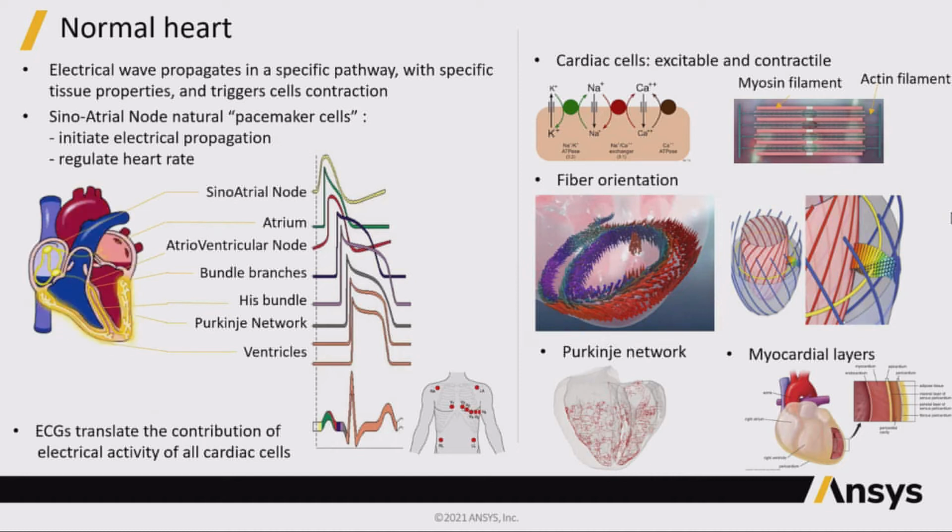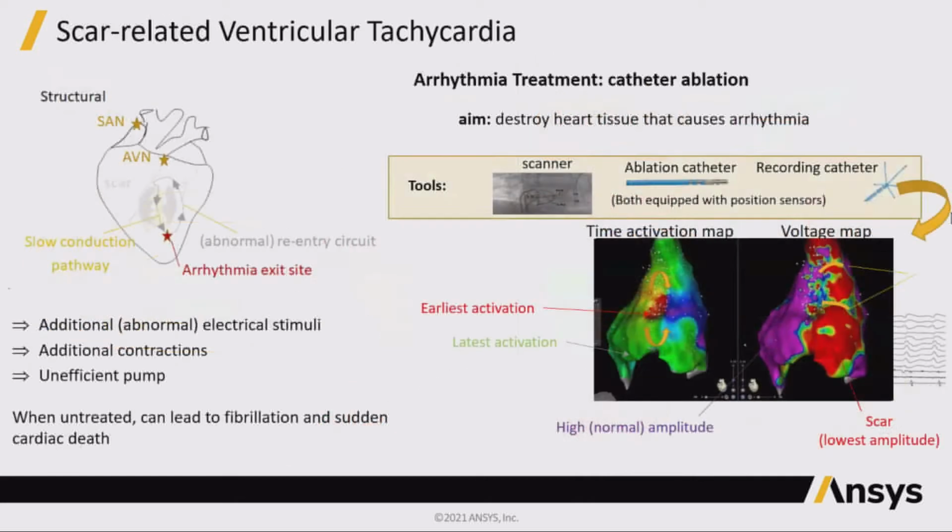So that's the basis of the software: to simulate all those capabilities, but not for a normal patient, for a patient-specific one. And the first pathology we focus on is scar-related ventricular tachycardia. What is it about?